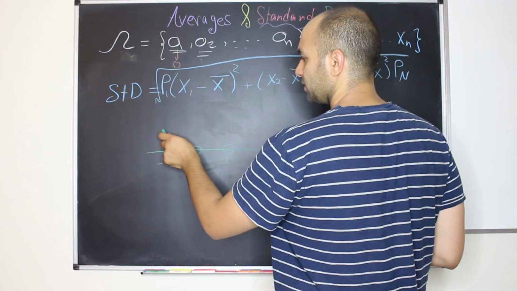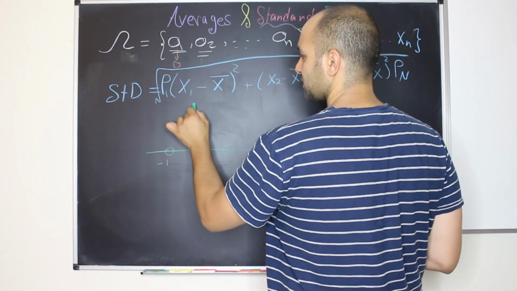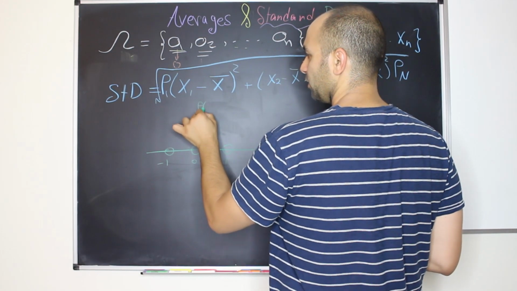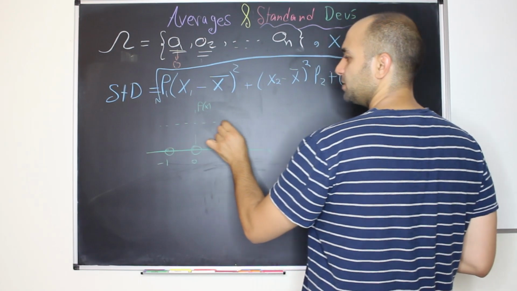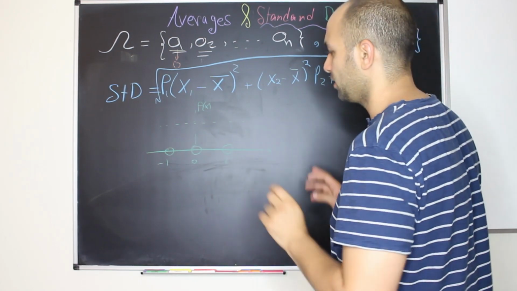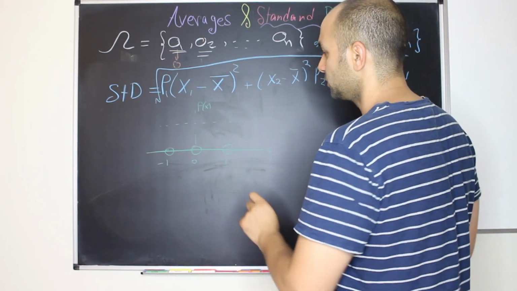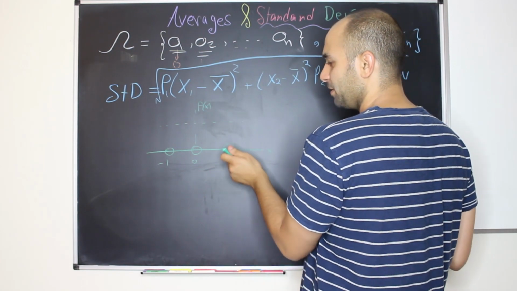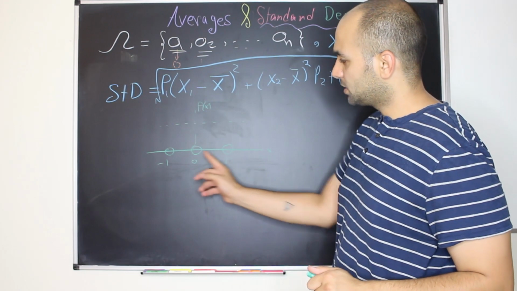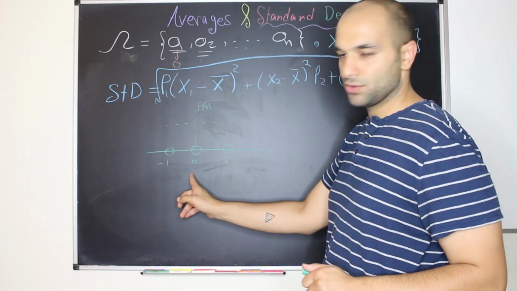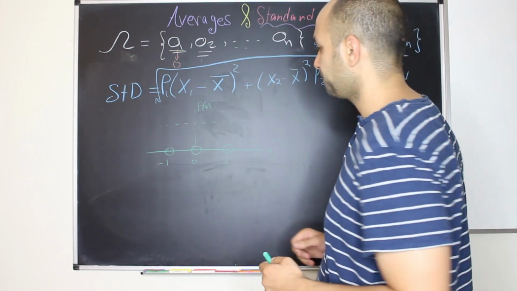So if this axis was the probability of x and this was x, then it would just be a constant. This has probability 1/3, 1/3, 1/3, and if you work it out, you can see that the center is at 0, so the average is going to be 0.